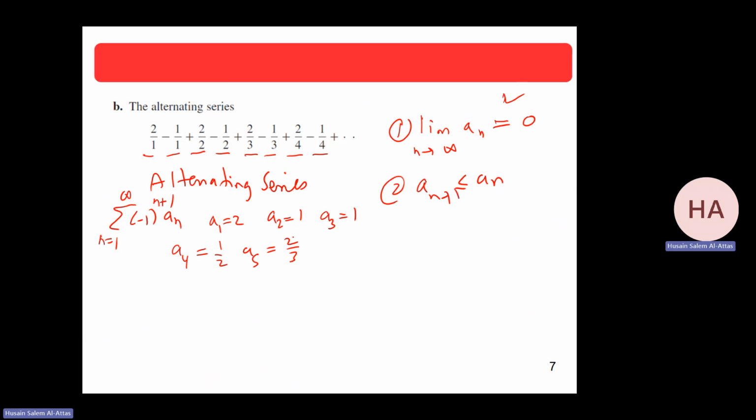Now it becomes bigger. a_6, 1 over 3. a_7, 1 over 2. So this is becoming bigger, so you cannot control it. So this condition is not satisfied.